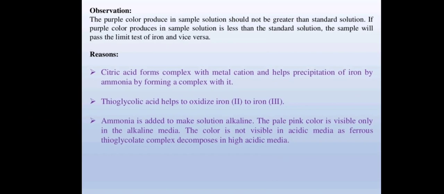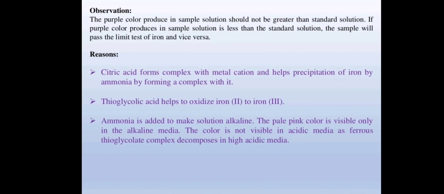So what is the use of citric acid, ammonia and thioglycolic acid in limit test for iron? Thioglycolic acid acts as a reducing agent which reduces ferric iron to ferrous iron, then ferrous to ferrous thioglycolate. Then what is the use of citric acid?